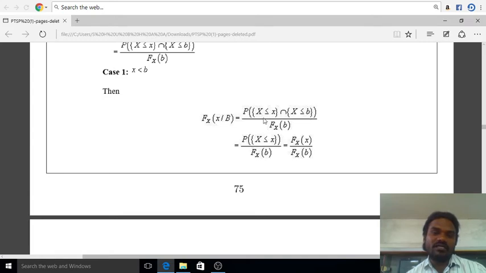So by taking the intersection, if it is a subset of this one, you can get the direct answer: probability of X less than or equal to x, divided by F_X of b.